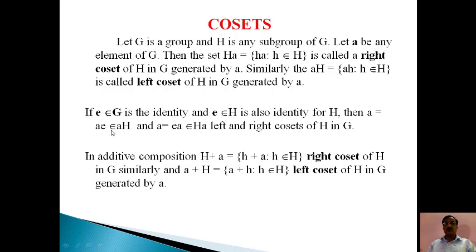So we have A equal to AE belongs to AH, called the left coset, and A equal to EA belongs to HA, also called the right coset of H in G. Similarly, in additive composition, H plus A is the right coset of H, where h belongs to H, and A plus H is the left coset of H in G generated by A.